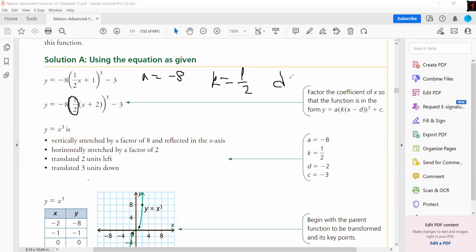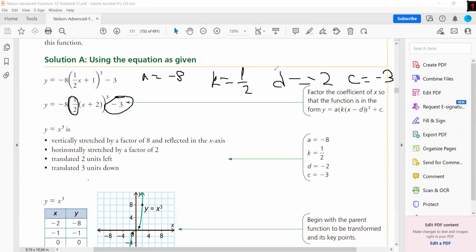Then we have d equals +2. But remember, in the initial formula we have -d, and here we have +2, so d is -2. Does it make sense? And then finally c is -3. Exactly what they say here.